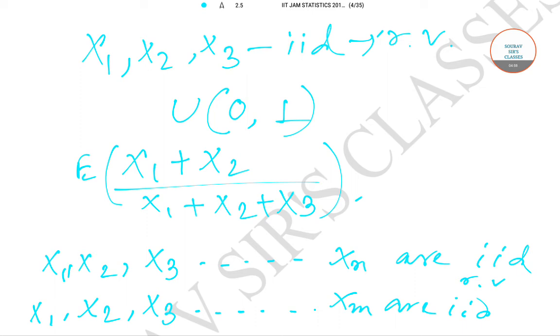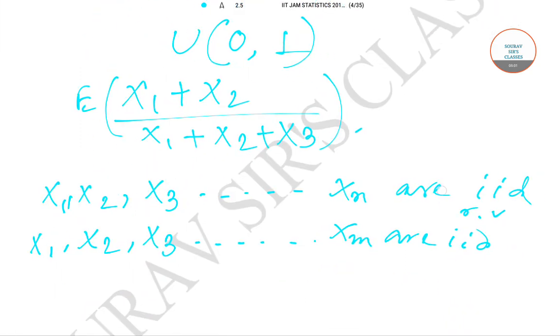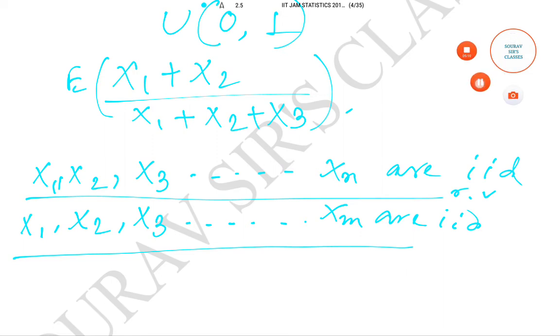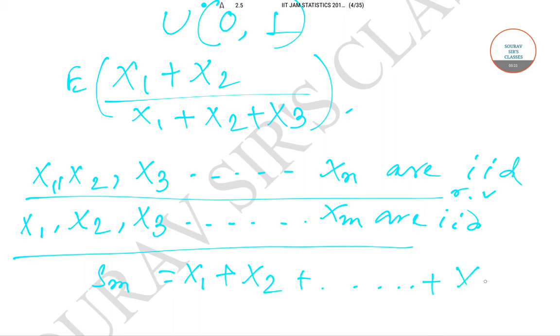That is why they are said to be independent. Now we can write that Sm is equal to x1 plus x2 plus so on up to xm, and Sn is equal to x1 plus x2 plus, and it carries on to xn.